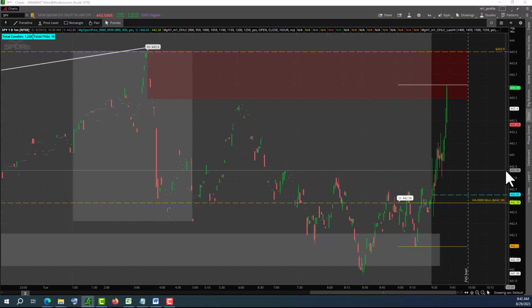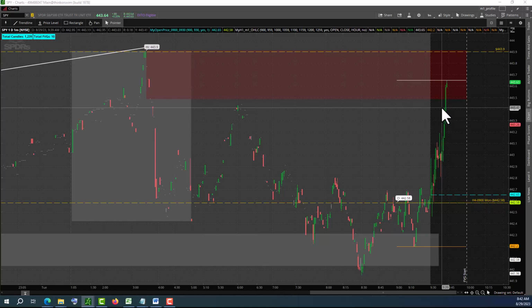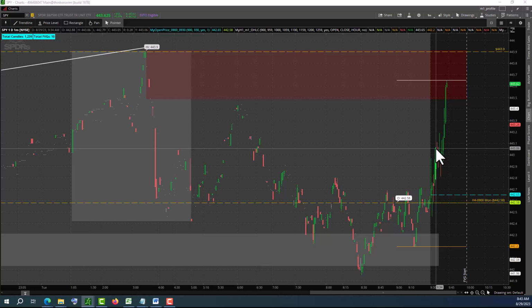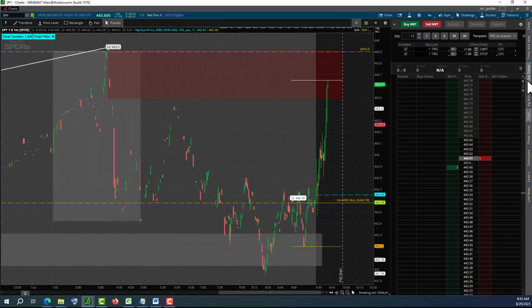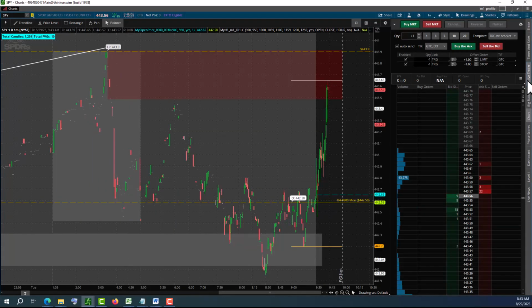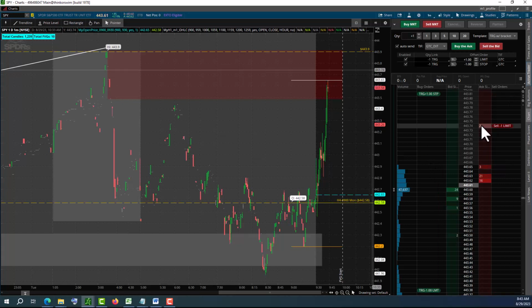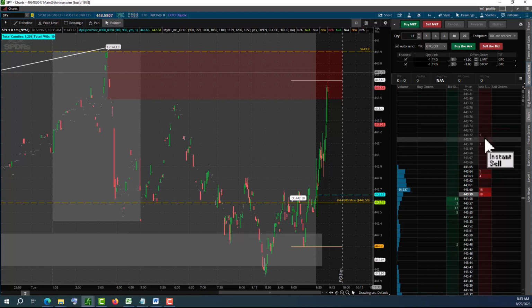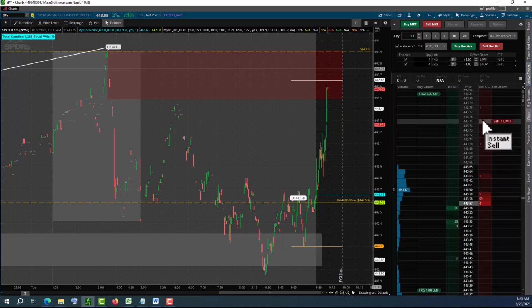Well, it's like someone stepped in and pushed up the bid right there. You see this order is way up there, and it took just one tick right there. I think some people call this the back of the book.